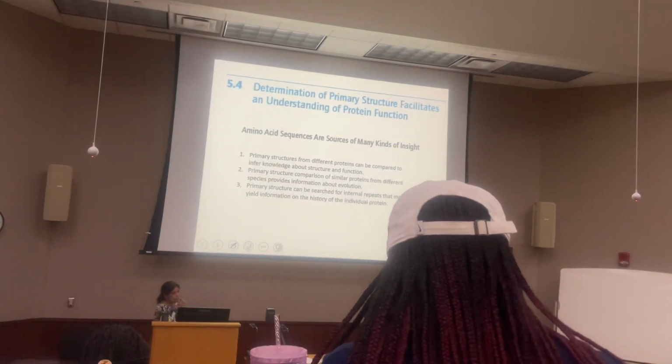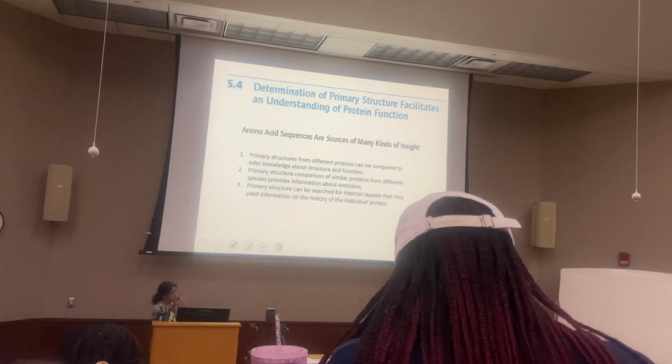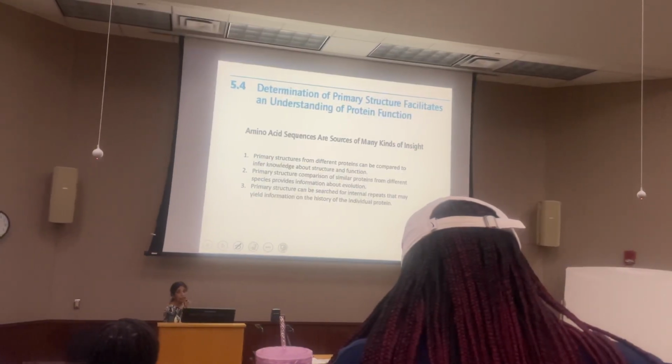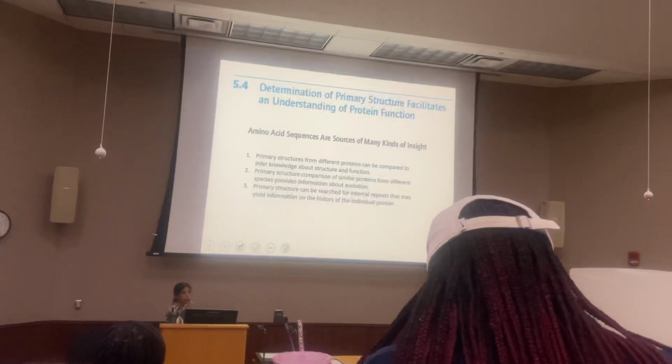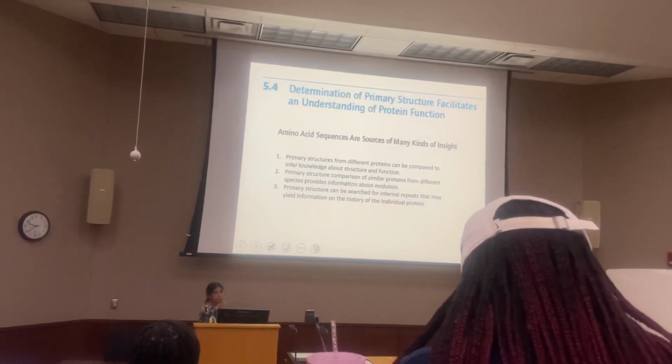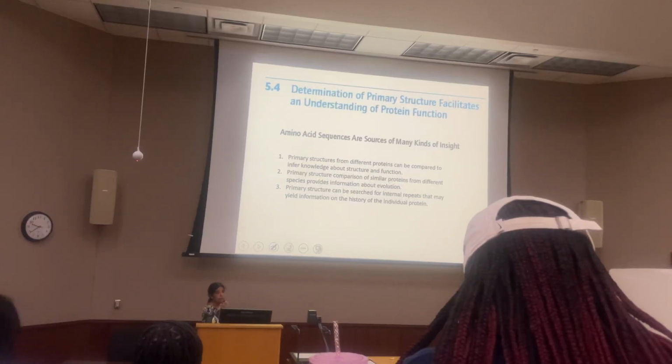The next 2 slides are pretty much what I've just said. I'm giving you examples from the previous slide. With protein structure, different proteins can be compared to get knowledge, like with the serine proteases. If you know the structure of an active site, you can classify different ones into the same group. It also provides a lot of information about the evolution between bacteria and eukaryotes.